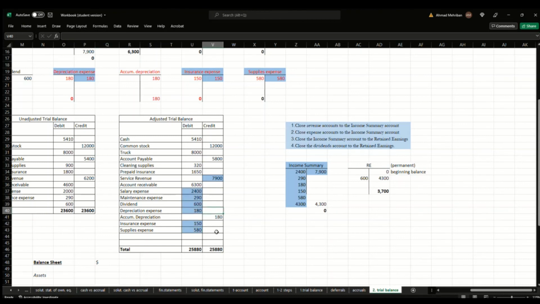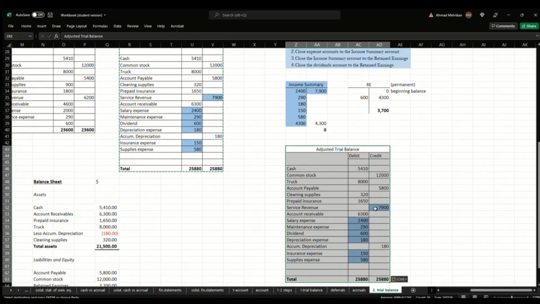All we have to do is add retained earnings. Let me just take this table because I'm super lazy to redo it all together. All I have to do is clean this up.